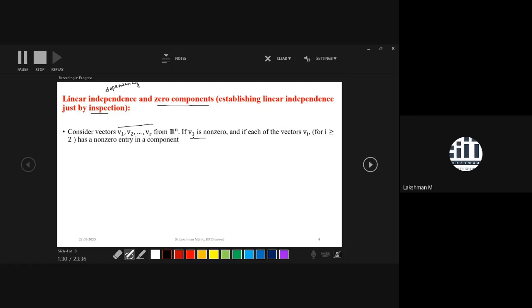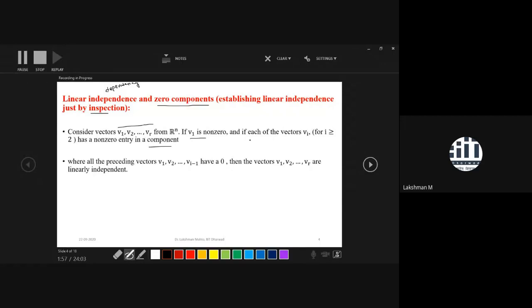If the first vector is non-zero, then fine, we go further. Then each vector vi for i greater than or equal to 2 has a non-zero entry in some component, and the other vectors also have at least one non-zero entry, in order to see linear dependency. If it is the zero vector, it is always dependent, so we don't have to discuss much about that.